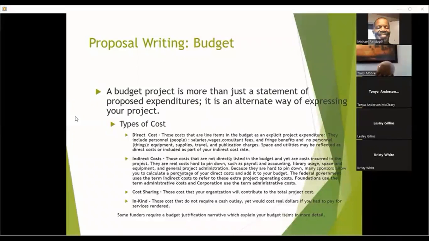And that could include anything from payroll and accounting, equipment, general project management. All these could be administrative costs. Then you have cost sharing, and then in-kind. Another word for in-kind is pro bono.